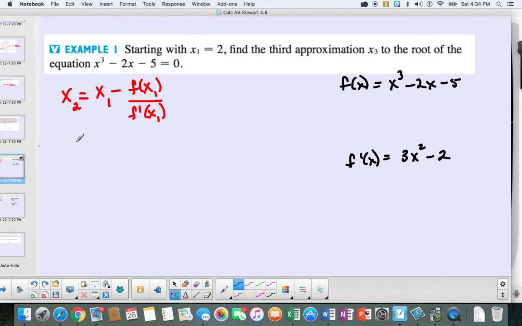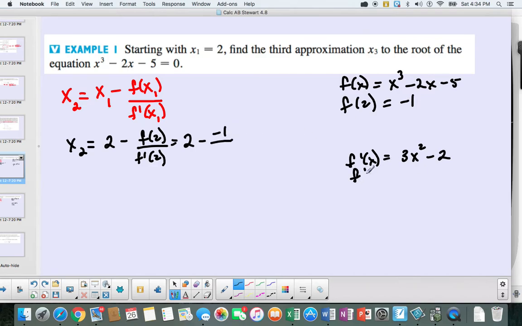And so our second guess is based on our first guess, which is 2 minus f of 2 divided by f prime at 2. And f of 2 is going to be equal to negative 1, so this will be a negative 1 divided by, and f prime of 2 will be equal to 10. So this is 10, and this amounts to 2.1.